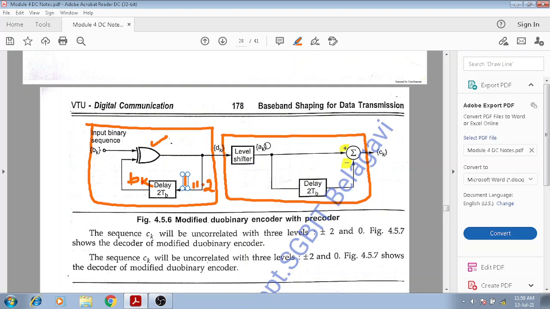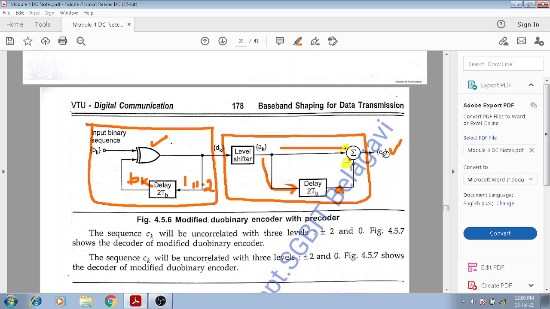And using this sequence you can calculate the encoded output. CK is equal to, see here there is a subtractor, CK is equal to AK minus, again there is a 2 TB delay. Here AK, what is the output of this delay? Since there is a 2 TB delay, it is AK minus 2.